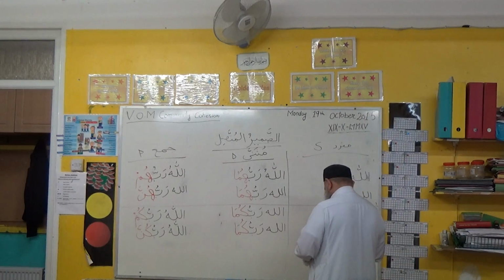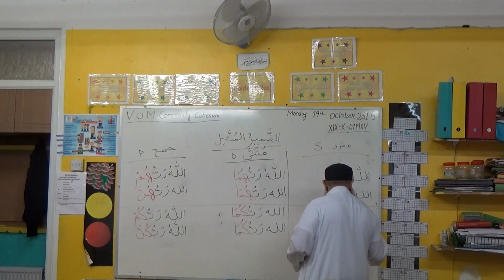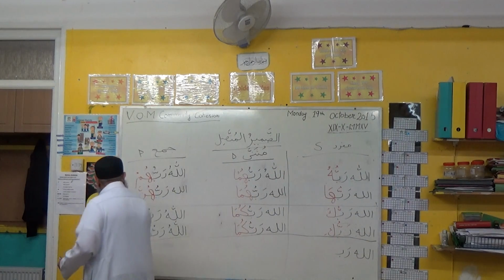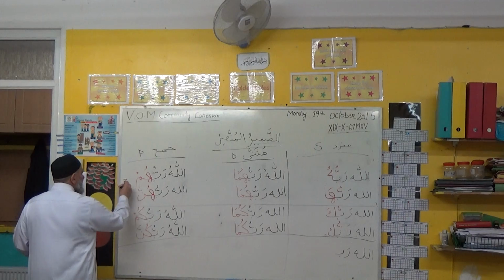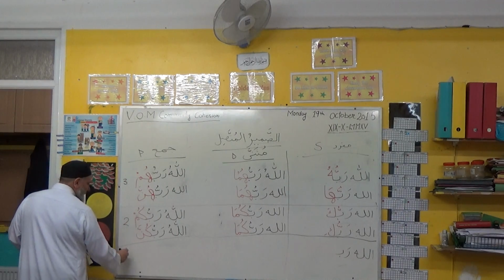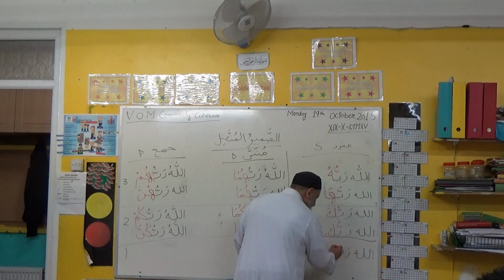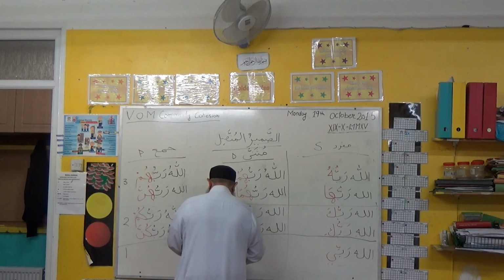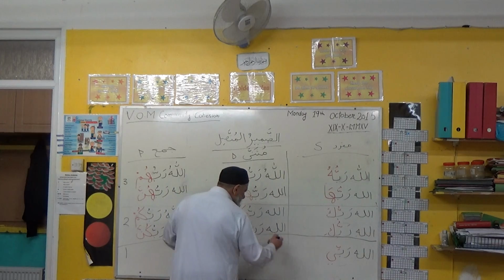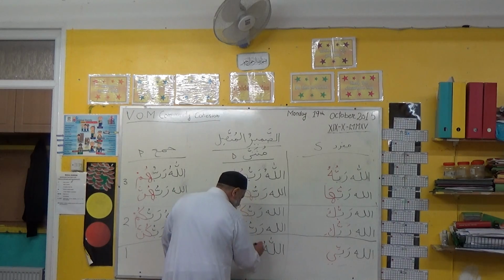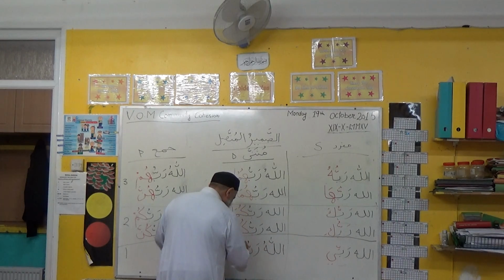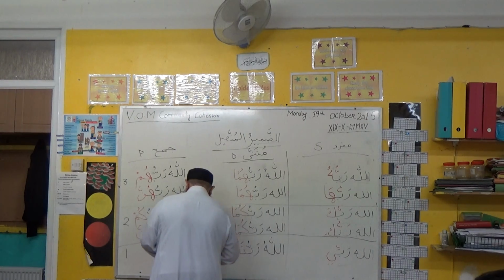First person. So here we say, if this is the third, this is the second. Now we do this one: we say Allahu Rabbi, and for dual we say Allahu Rabbuna. And the same for the plural.